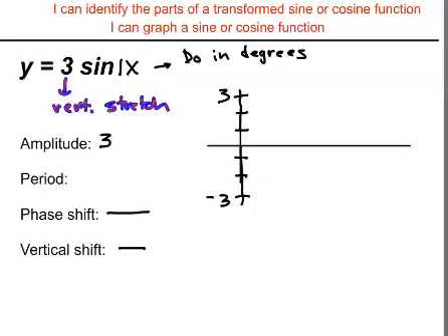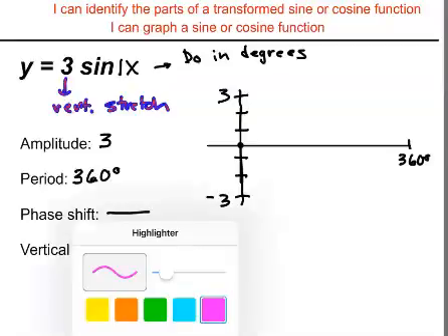Now, notice there would be an implied 1 in front of x. Normally we would go 360 over 1. If there is nothing in front of x, the typical period is going to be 360. It's going to start at 0 and end at 360. So if nothing is different, that's what we're going to do.